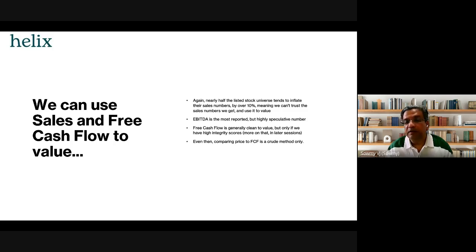We'll talk about it in the later sessions, but integrity score means three things. One, the company that the stock represents is not going to go bankrupt in the near future. It's got sound fundamentals, and it's got a management that walks the talk.